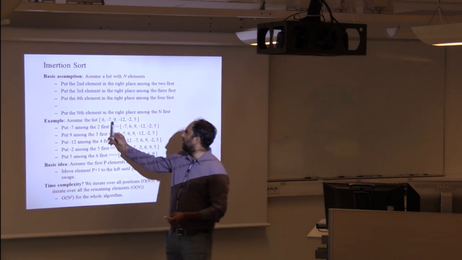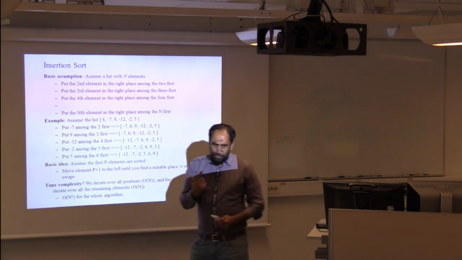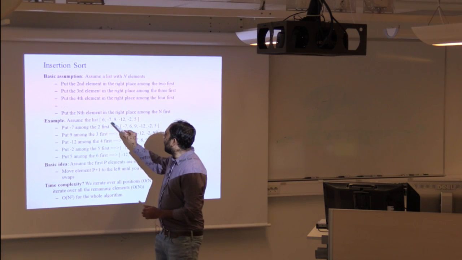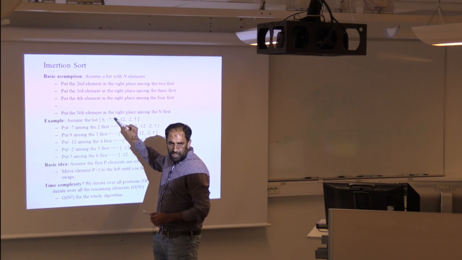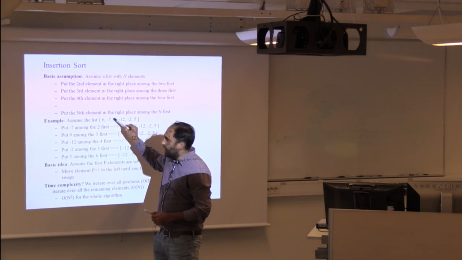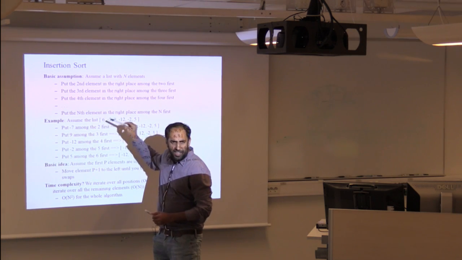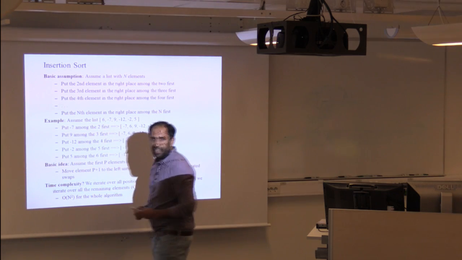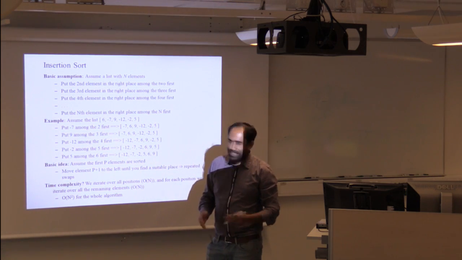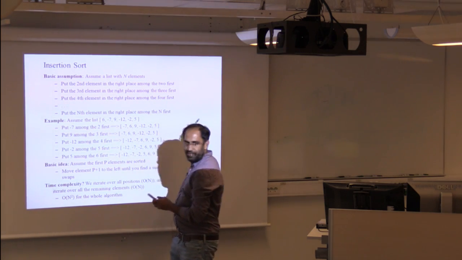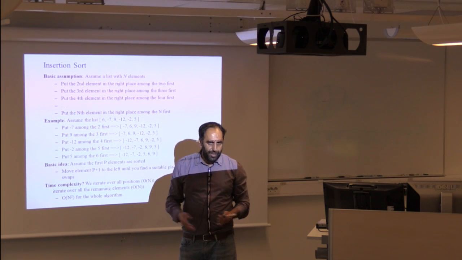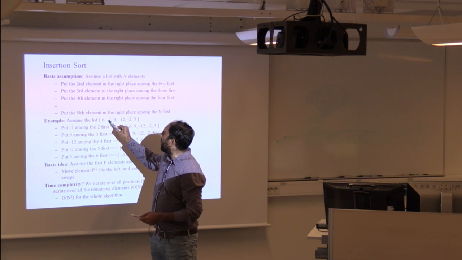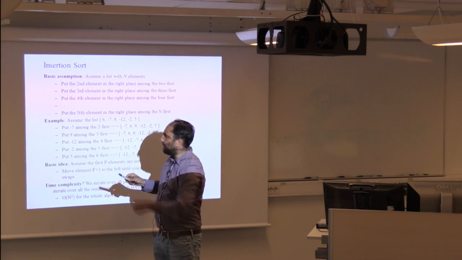It's also important for insertion sort that if we are starting from the second element, we assume that the first element is already sorted. So the part on the left is already sorted, and the part on the right is the unsorted one. Then we find the right place for -7 in the sorted list here.